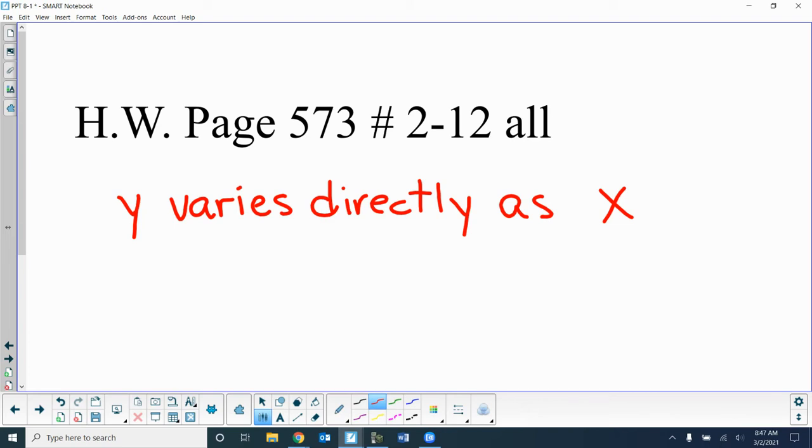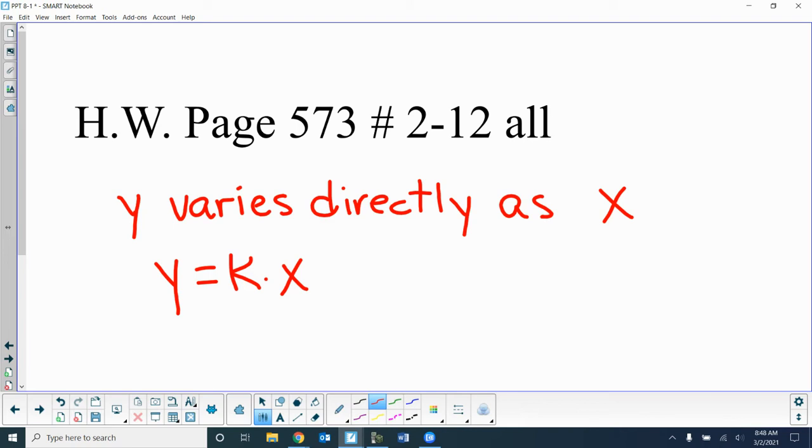So when we see y varies directly as x, when we see y varies, we say equals k. Whenever I see something varies, equals k. And then the next word tells me if I'm multiplying or dividing, or multiplying by a couple things. You know, directly means times one thing. Whatever comes after direct, you write down. So for 2, 3, and 4, that's our equation.